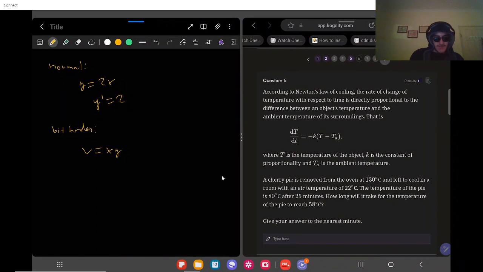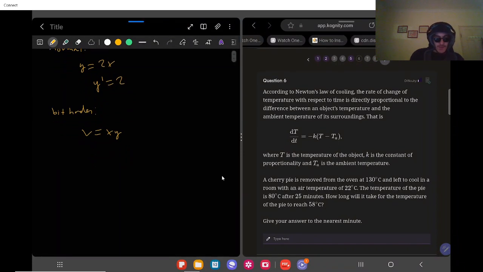So y is a function, x is a function, v is a function. To differentiate, let's say with respect to time. With respect to time, just think of it as a graph, and you've got time on the bottom. When you take the rate of change in x it's just change in t, and that way change in v, for example. Therefore, this would be dv.